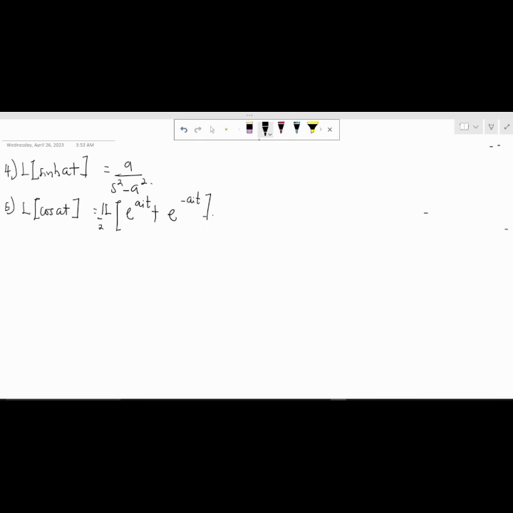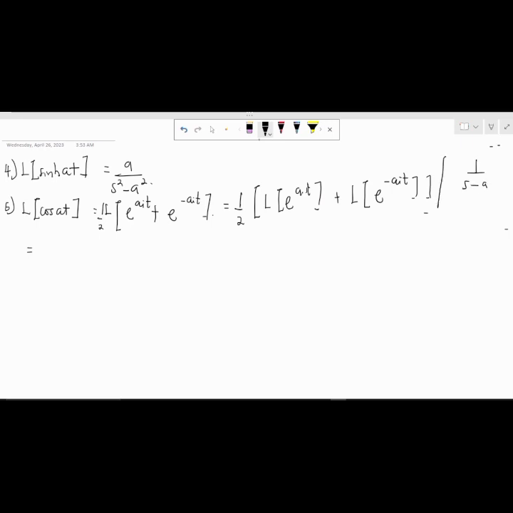So from here we have 1 over 2 the Laplace transform of e raised to the power iat plus the Laplace transform of e raised to the power minus iat. So what does this give us? Remember that for e raised to the power at, the Laplace transform is equal to 1 over s minus a.